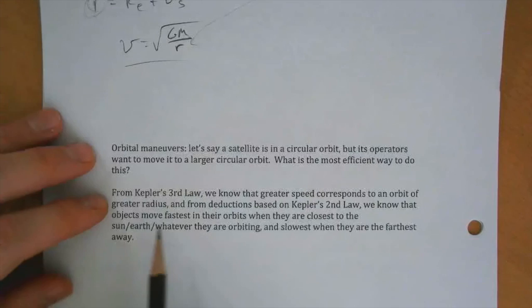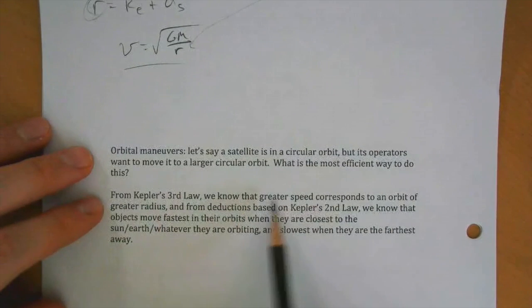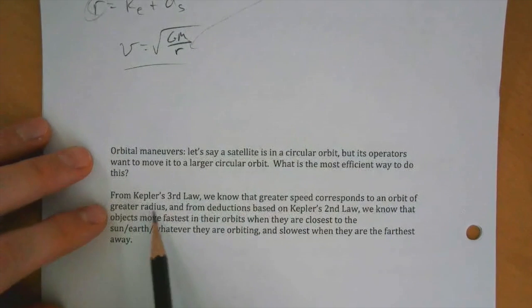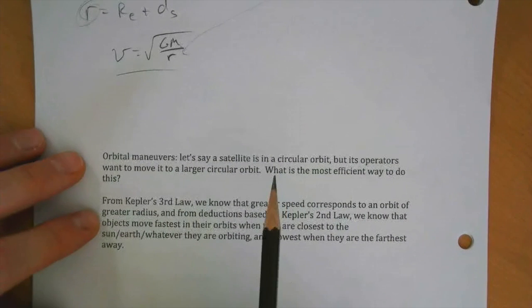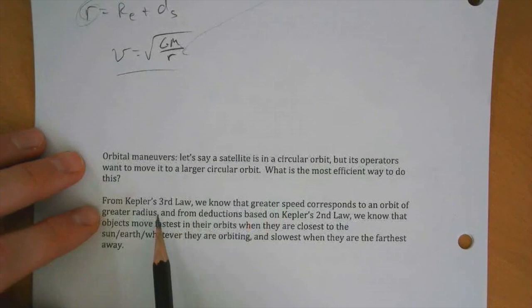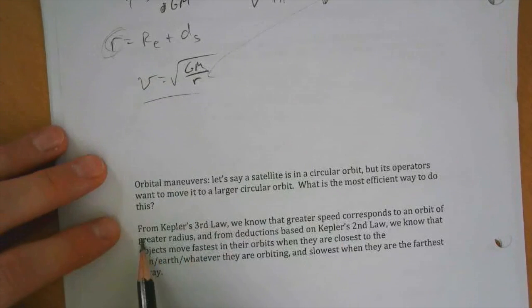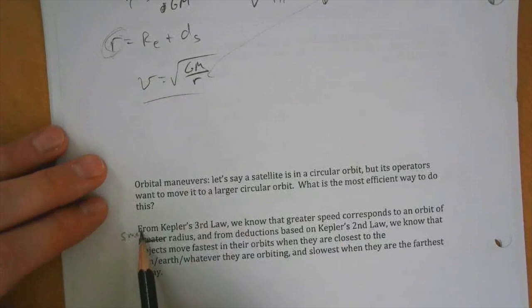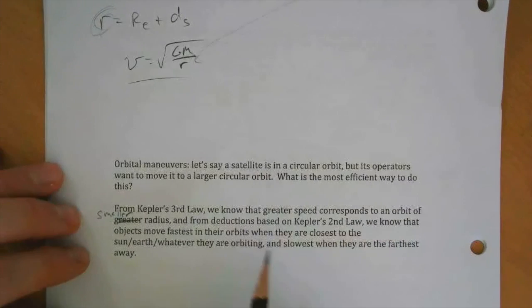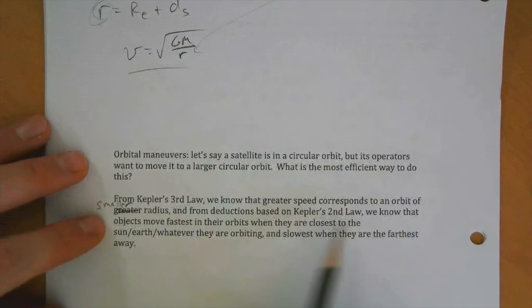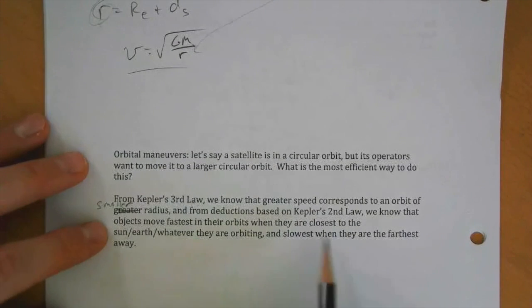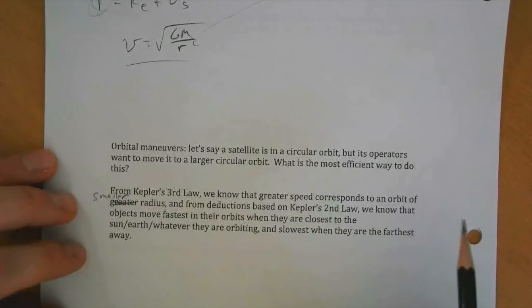So, according to Kepler's third law, a greater speed corresponds to an orbit of smaller radius. But from Kepler's second law, we know that objects move fastest in their orbits when they're closest to the sun or Earth or whatever, and slowest when they are farther away.